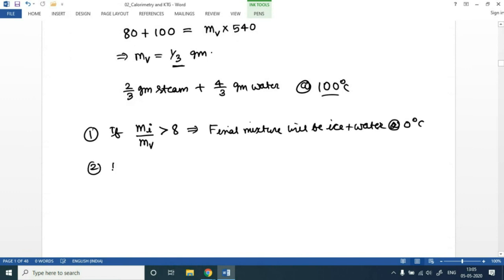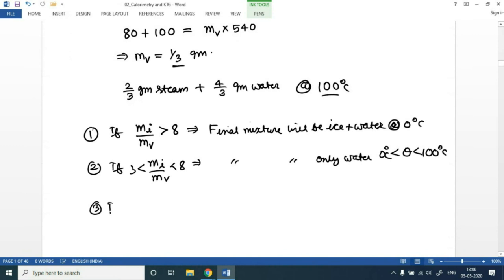And in the second case, if mi by mv is greater than 3 but less than 8, then the final mixture will be only water at some equilibrium temperature theta, which would be greater than 0 degrees Celsius and less than 100 degrees Celsius, like we saw in the second case.